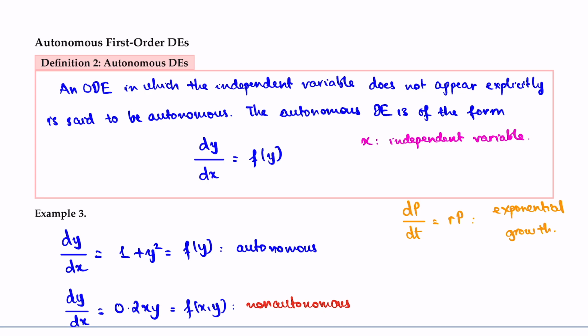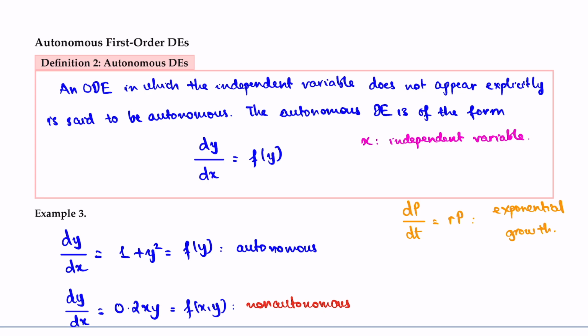Let's say it is 9 in the morning or 3 in the afternoon. If you have 100 bacteria, they will multiply at the same proportional rate r. So the exponential growth is autonomous because time itself does not enter the formula.